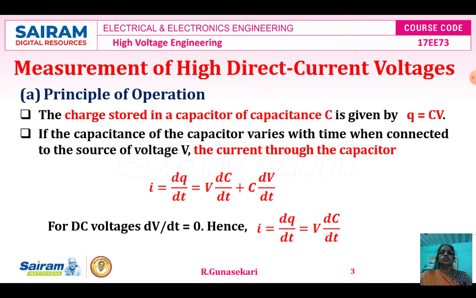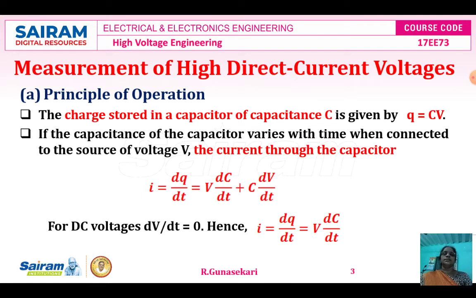The charge stored in a capacitor of capacitance C is given by the equation Q = CV. Q is the charge stored in the capacitance C, C is the capacitance, and V is the voltage across the capacitance.